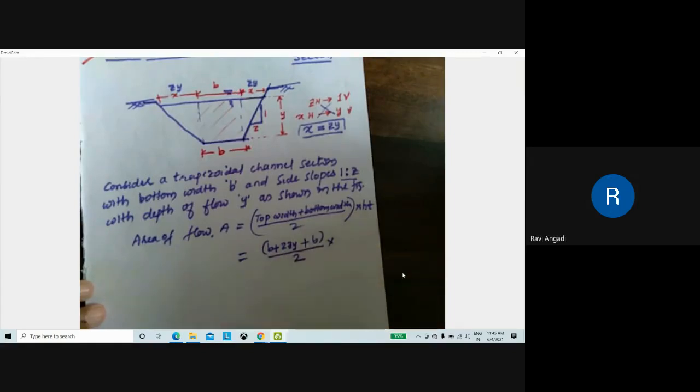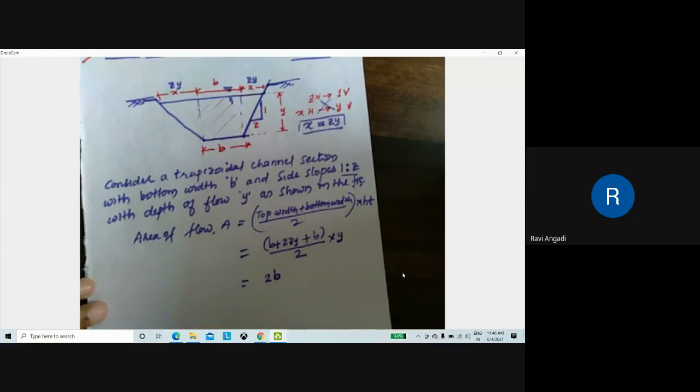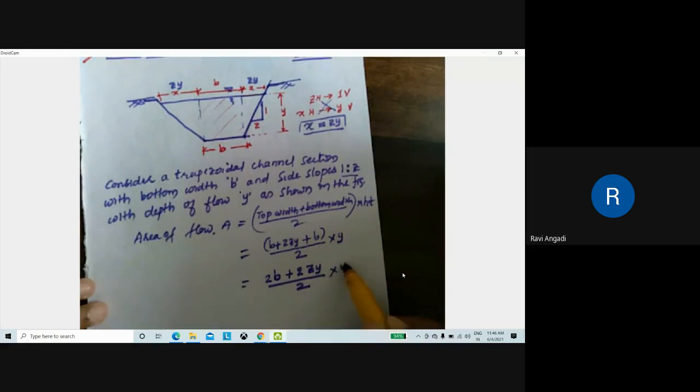What is the height? Y, the depth. Correct. Now simplify it. B plus B is 2B, then plus 2ZY, divided by 2 into Y.